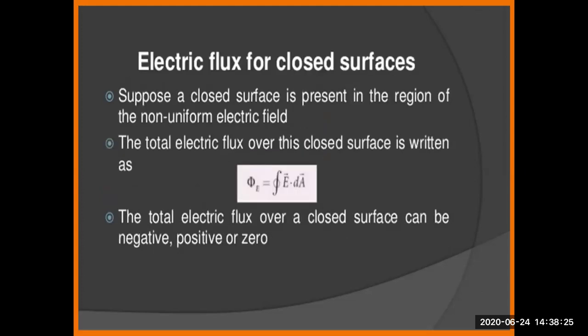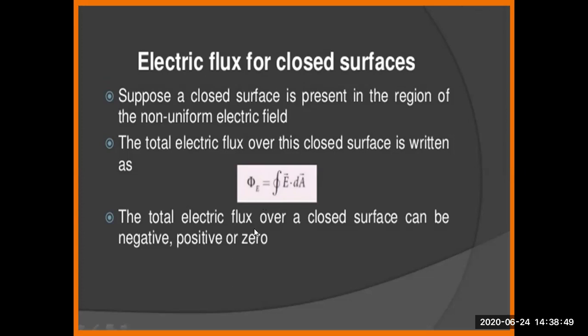Coming to the next one, electric flux for a closed surface. Suppose a closed surface is present in the region of a non-uniform electric field. The total electric flux over this closed surface area is written as the summation of E times the area.